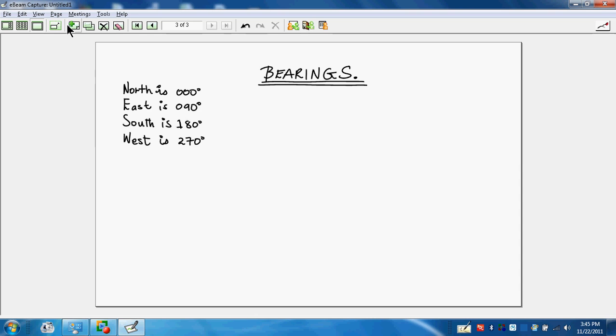Right, if you had to write the bearing, if we look at our cardinal points, we know that north starts here, so that would be 000 degrees. Then east will be on the right-hand side, west will be on the left-hand side. A way to remember it easily is the word WE.